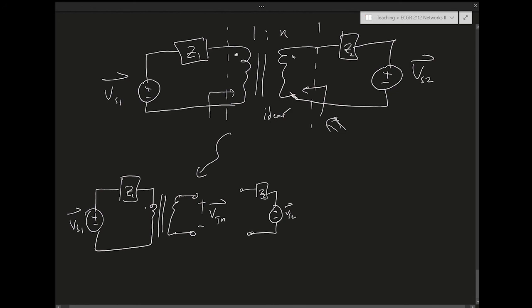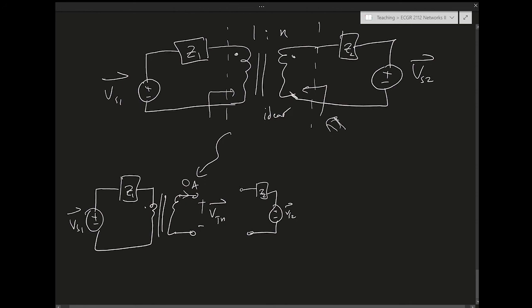Because I opened the circuit, I2 will be 0 amps. That means I1 will be 0 amps, since the transformer relationship still follows. We cannot have current in the primary if we don't have current in the secondary. So there's no voltage drop on Z1, and the voltage appearing across the primary is VS1.